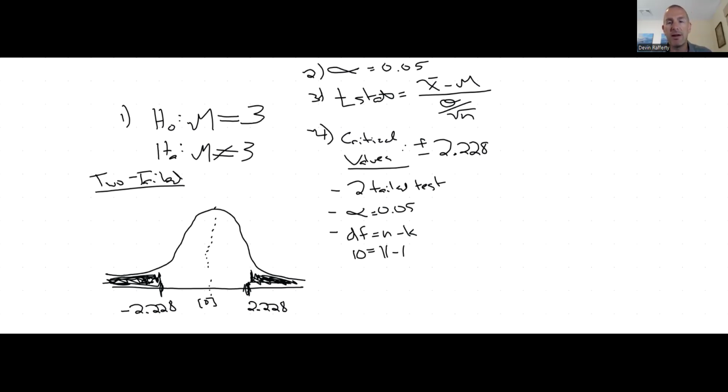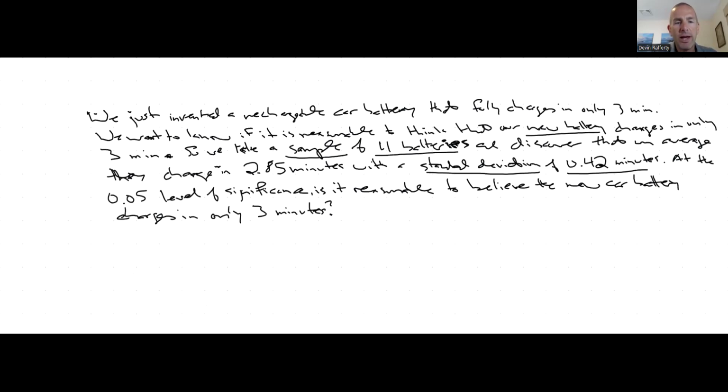What's step 5? Step 5 is go, actually do the problem. So I need to get my test statistic. I need to plug in the data. I have an average of 2.85, that's X bar, standard deviation is 0.42, and 11 batteries, okay?